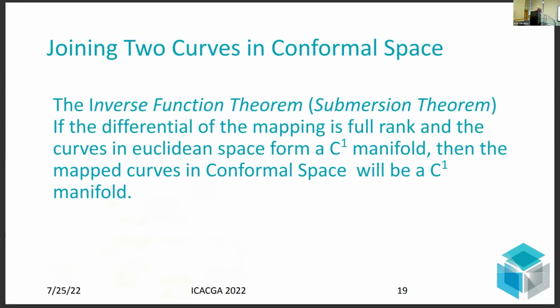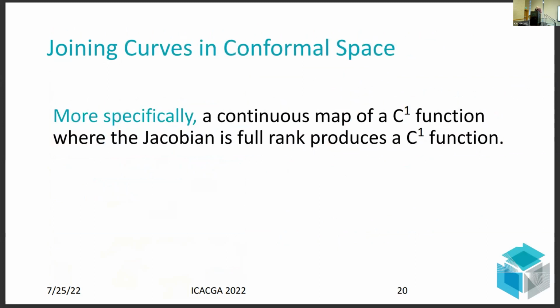Okay, so more specifically, if I am going to map my Bezier curve to say conformal space, which is, by the way, a differentiable map, then I'm going to maintain continuity as long as my derivative, as long as my Jacobian doesn't fall in rank, which it can't unless the endpoints of that polygon collapse, right?